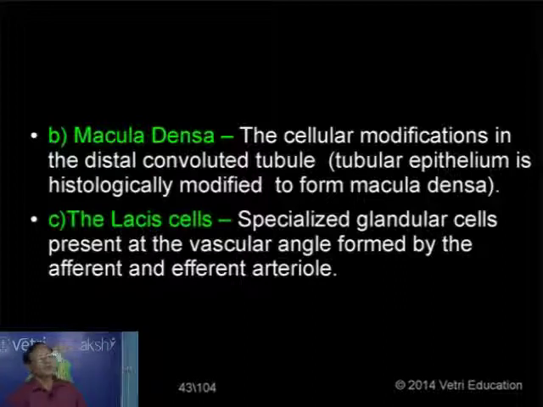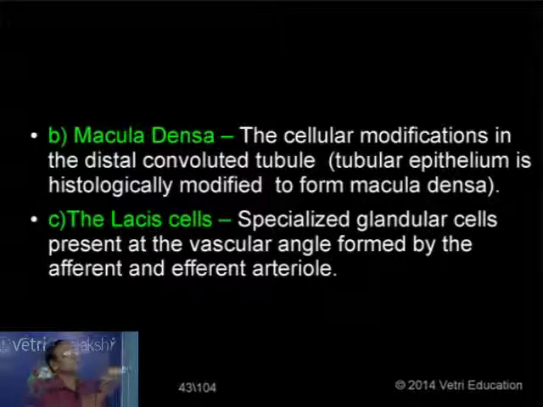So there are the juxtaglomerular cells, the macula densa cells of the distal convoluted tubule, and the one present at the vascular angle of the afferent and efferent arterioles. Once they are entering into the glomerulus, there is an angle produced by them. That angle has the cells called the lacis cells. So all these cells are responsible for regulating the glomerular filtration rate in the human kidney.